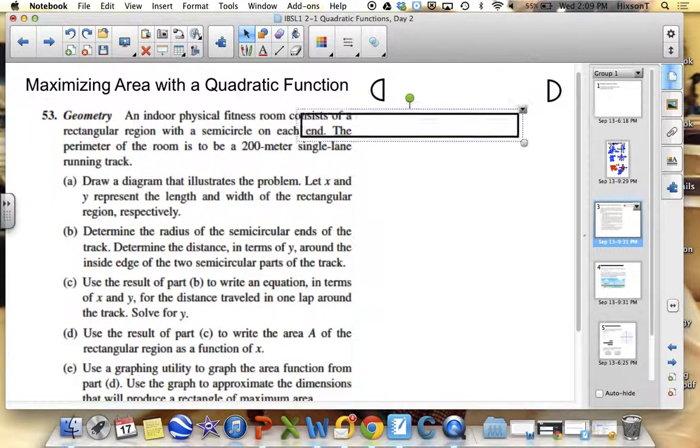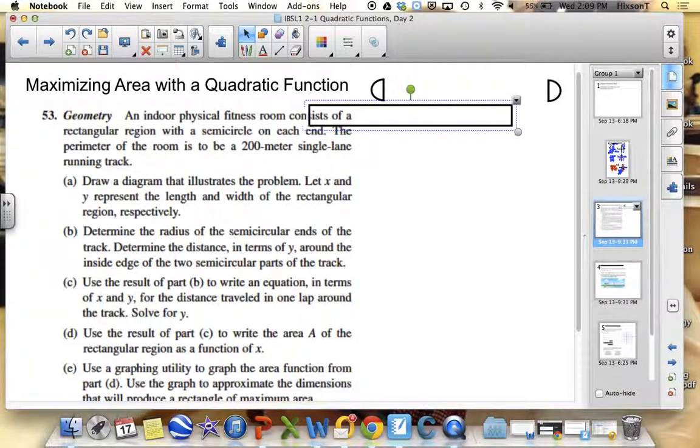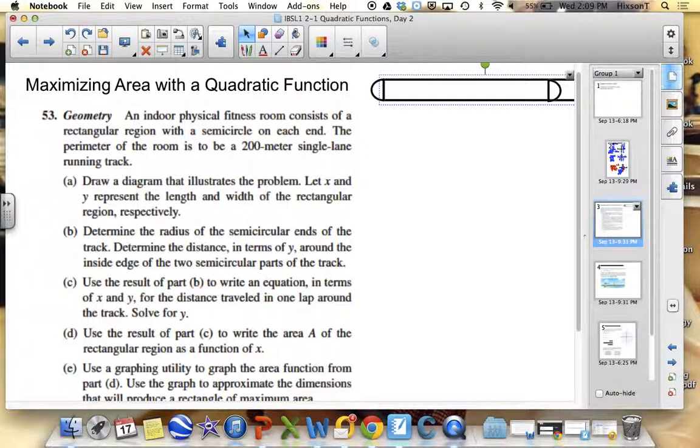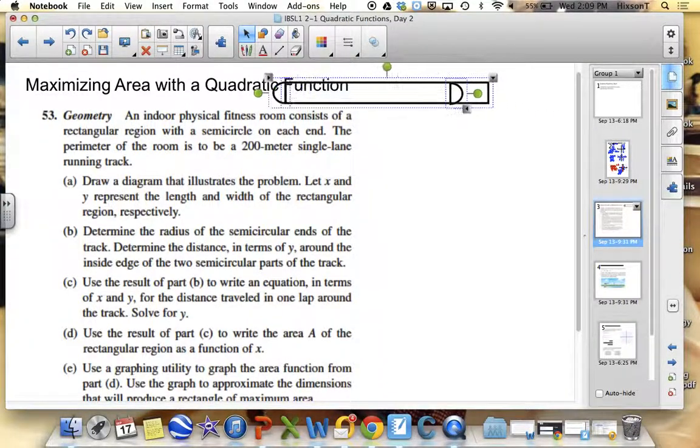Alright, we've got that part, and I need to move this over so we can put the other end on. Alright, so there's the track. That fits the requirements, right? It's 200 meters around. It's a rectangle with two semicircles on either end.